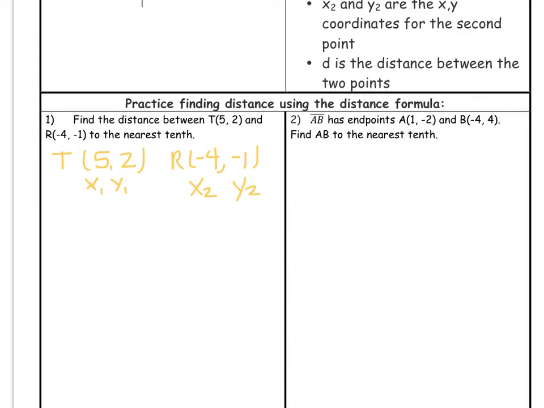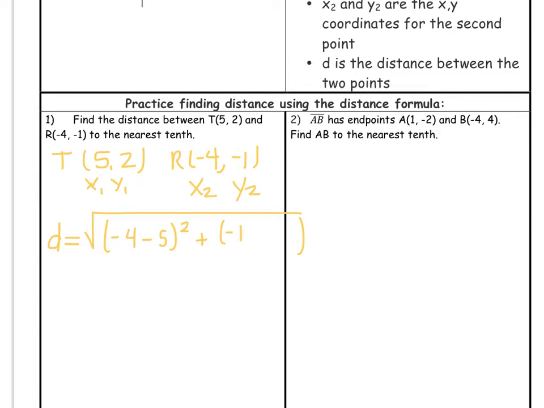And then we're just going to plug it in the formula. So the distance formula, we are going to take x2 minus x1. x2 is negative 4. x1 is 5. We're going to square it, and we're going to add it to the square of the difference of the y values.